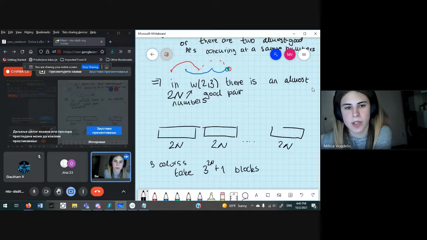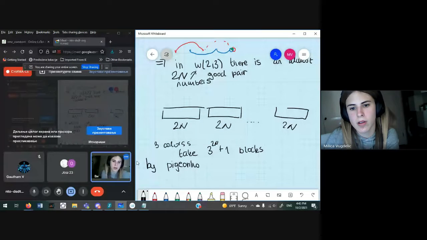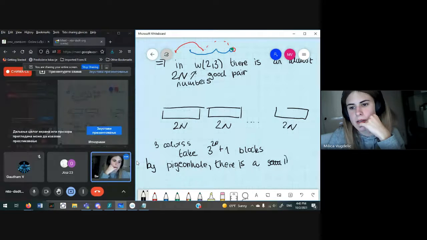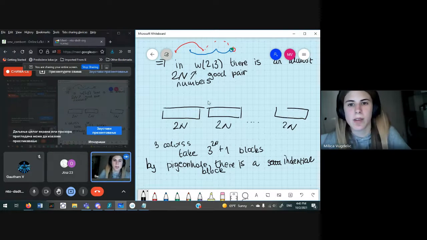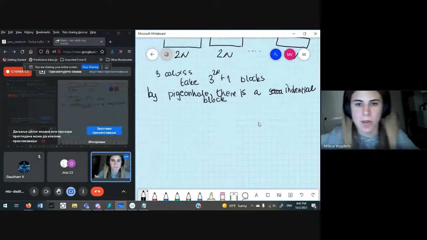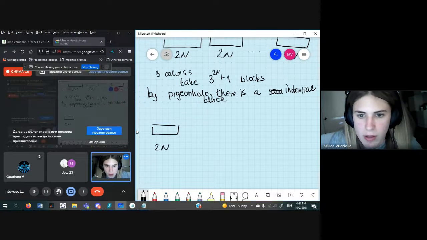Also responding to the question, because by pigeonhole there's a same block, identical. And we know that in a 2N block we will have this situation by our previous statement. So let's just look at the same thing all over again.